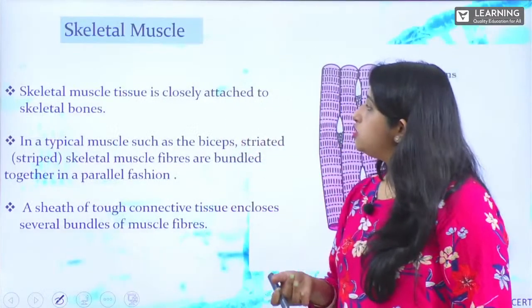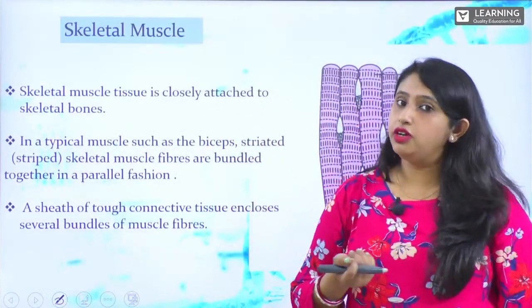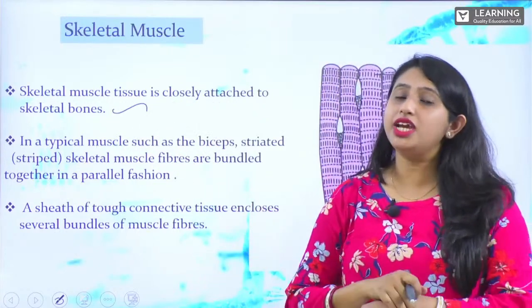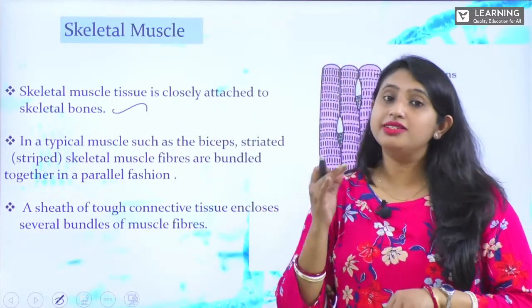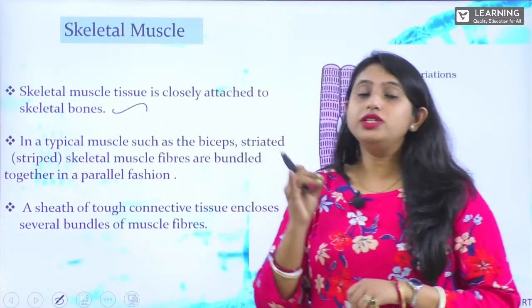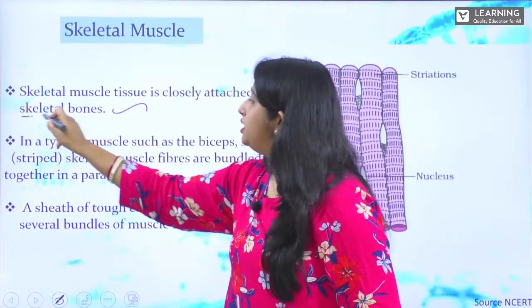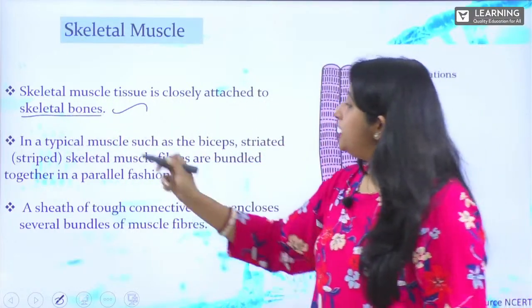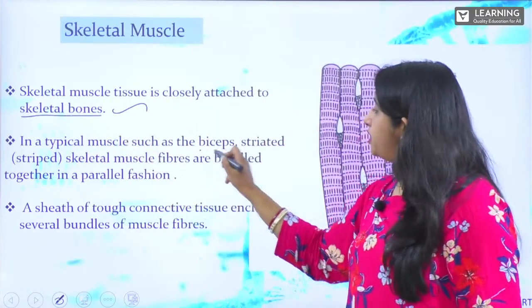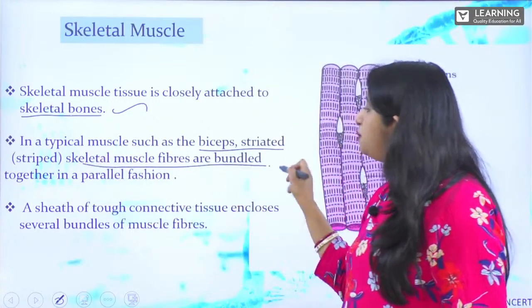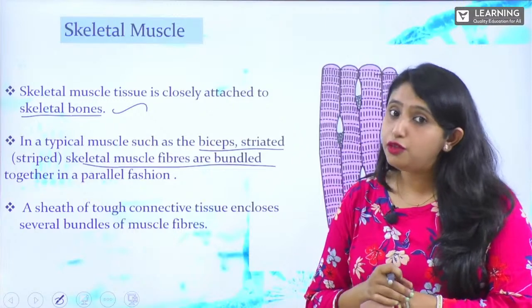Now let's read the theory of the skeletal muscle. It is closely attached to the skeletal bones. As I have said, the skeletal muscles are always attached to the bones, that is the skeletal bones, right? So in a typical muscle such as the biceps, the striated skeletal muscle fibers are bundled together in a parallel fashion.